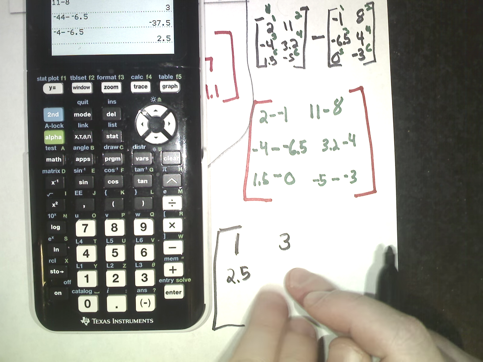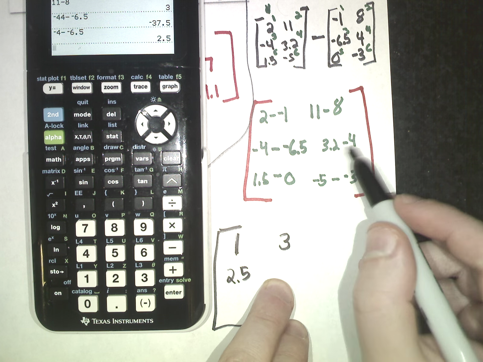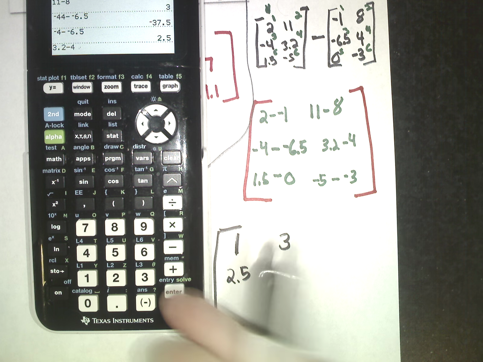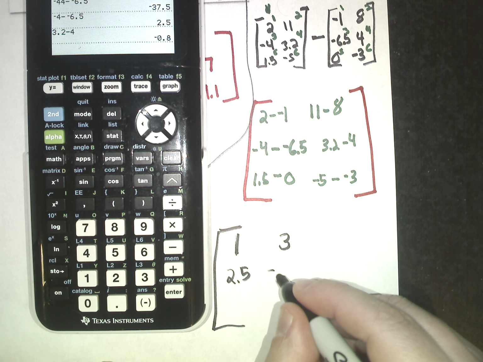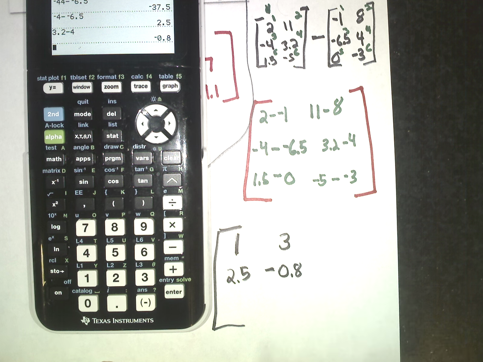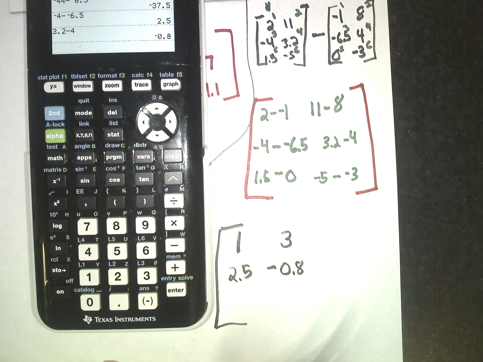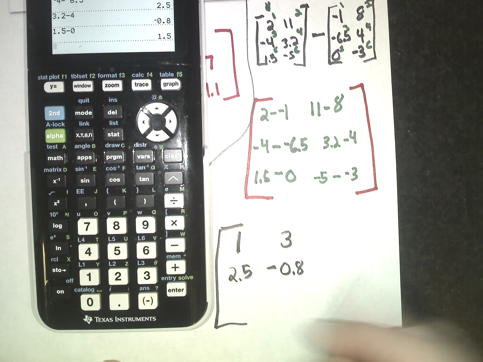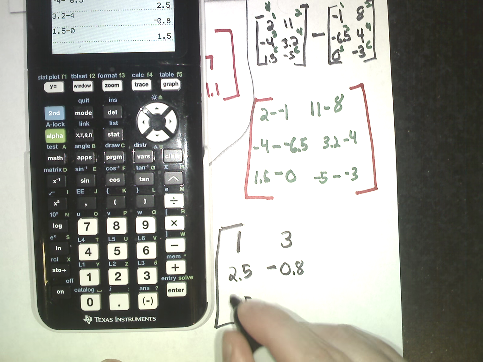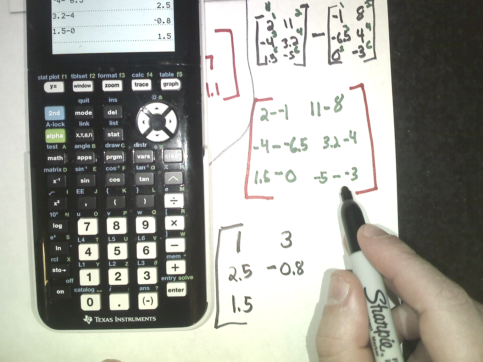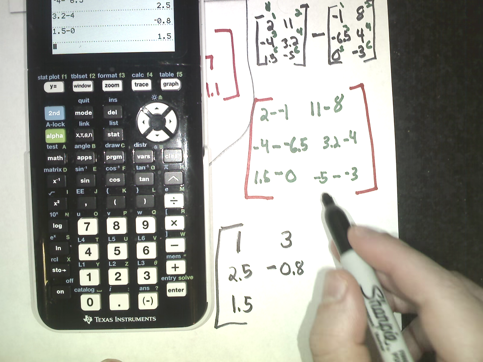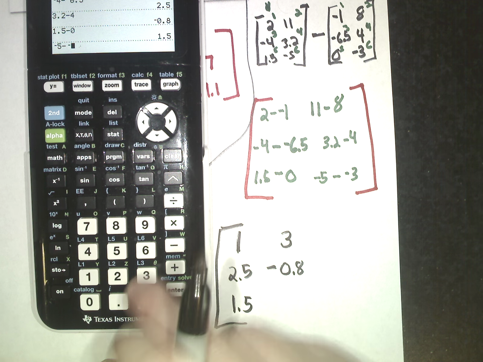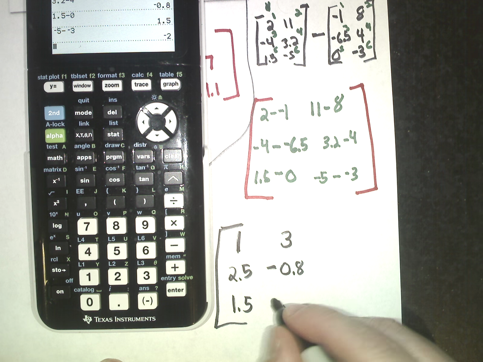Then I do position 4, 3.2 minus 4, negative 0.8. Position 5, 1.5 minus 0. Probably most of you know that's just 1.5. And then finally, position 6, negative 5 minus negative 3. I get negative 2.